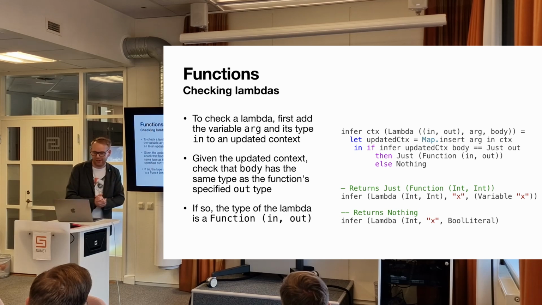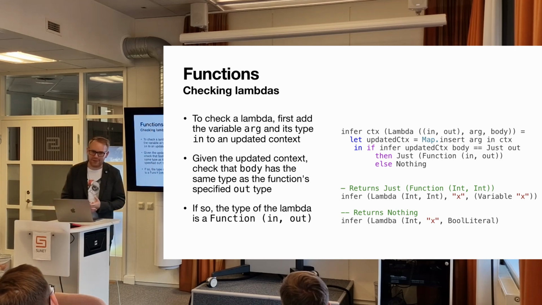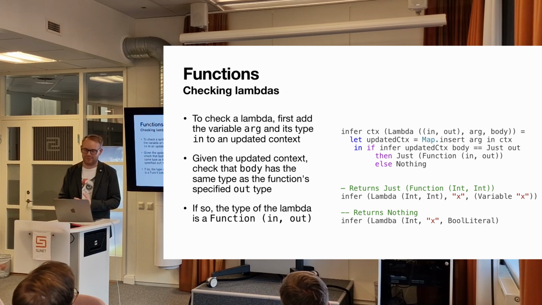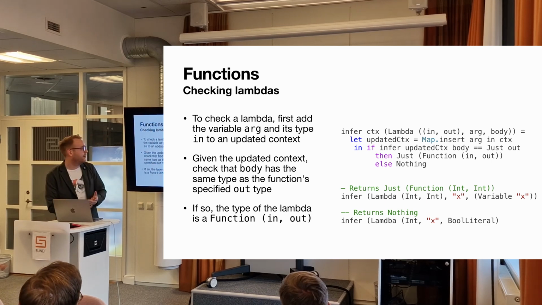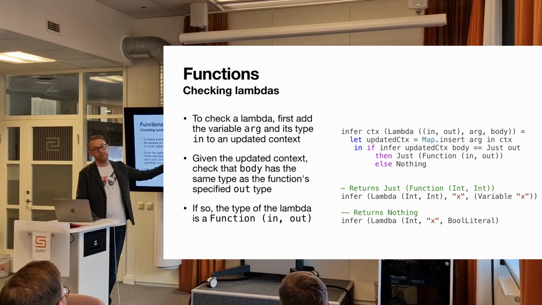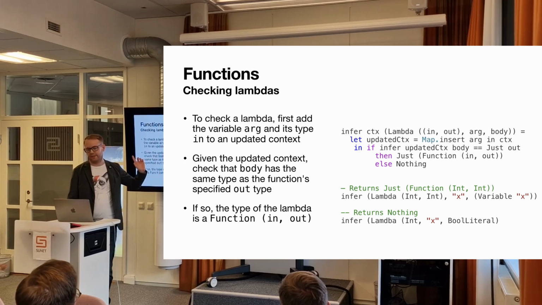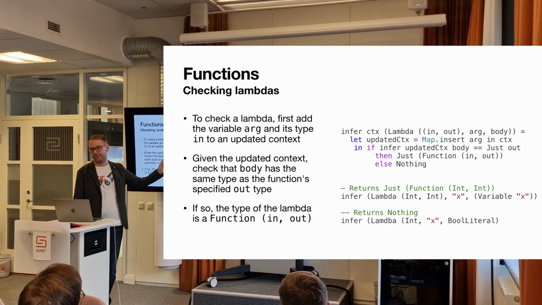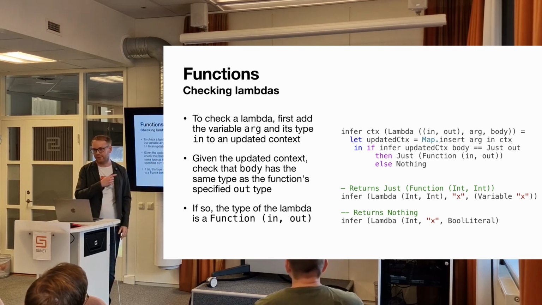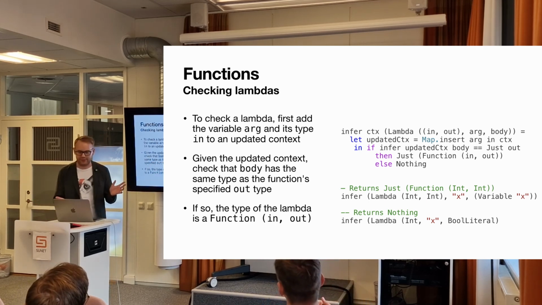Okay, so this is one of the more complex type checking functions: how to type check a lambda. We start by adding the variable to an updated context. And as you remember from the previous slide, context is a mapping from strings to types.